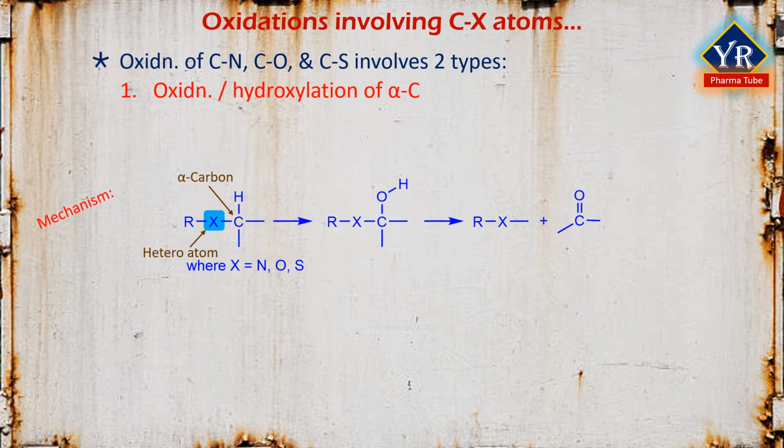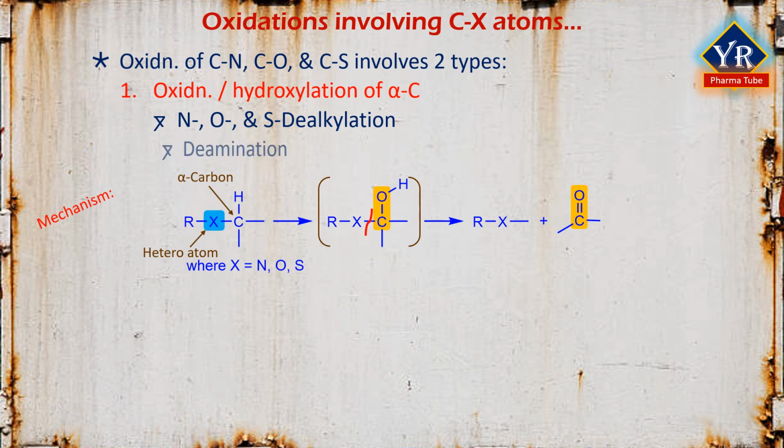See the reaction mechanism. The resulting intermediate is often unstable and decomposes with the cleavage of the carbon heteroatom bond. Oxidative nitrogen, oxygen, and sulfur dealkylation as well as the oxidative deamination reactions fall under this mechanistic pathway.